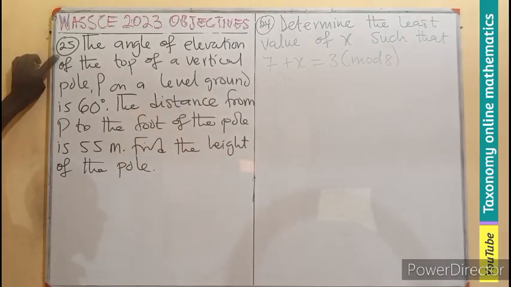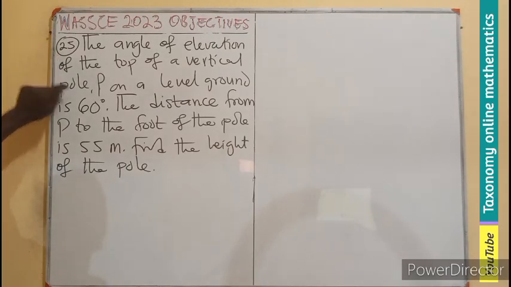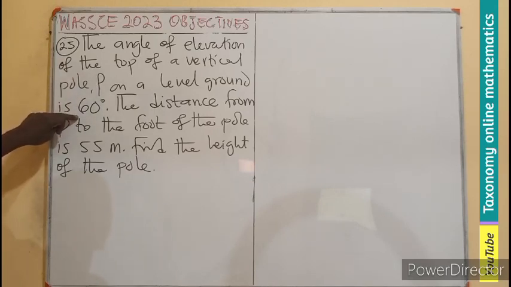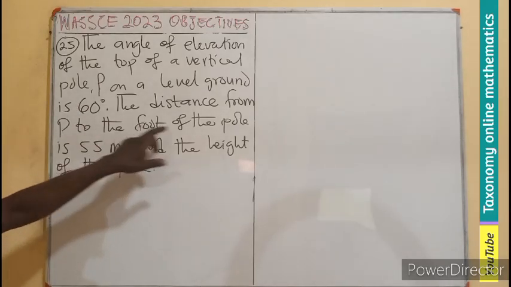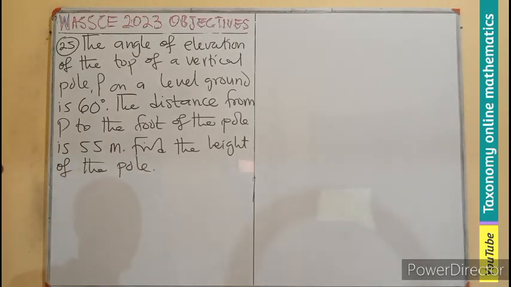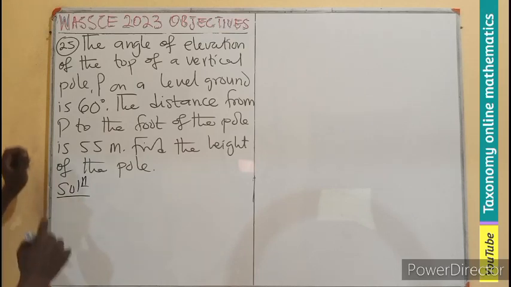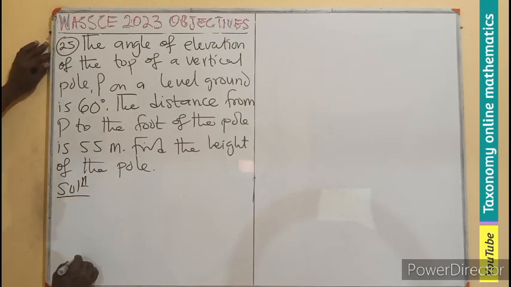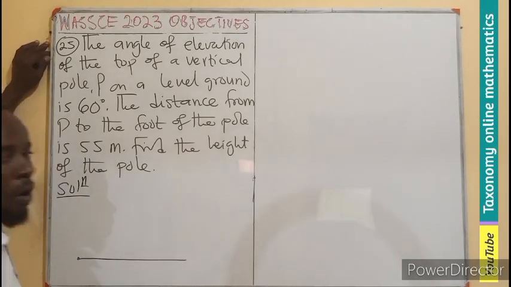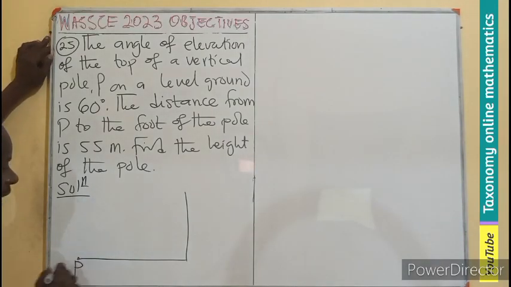Question number 25, the last one in this episode. The angle of elevation of the top of a vertical pole from a point P on level ground is 60 degrees. The distance from P to the foot of the pole is 55 meters. Find the height of the pole. Don't forget, under application of trigonometry, as we discussed this topic, the point P is on the same horizontal level as the pole, so P is here.